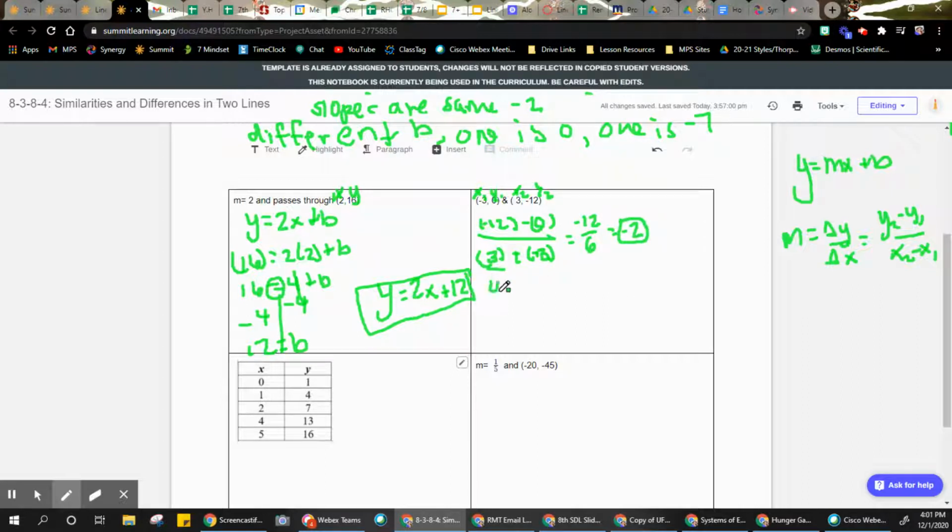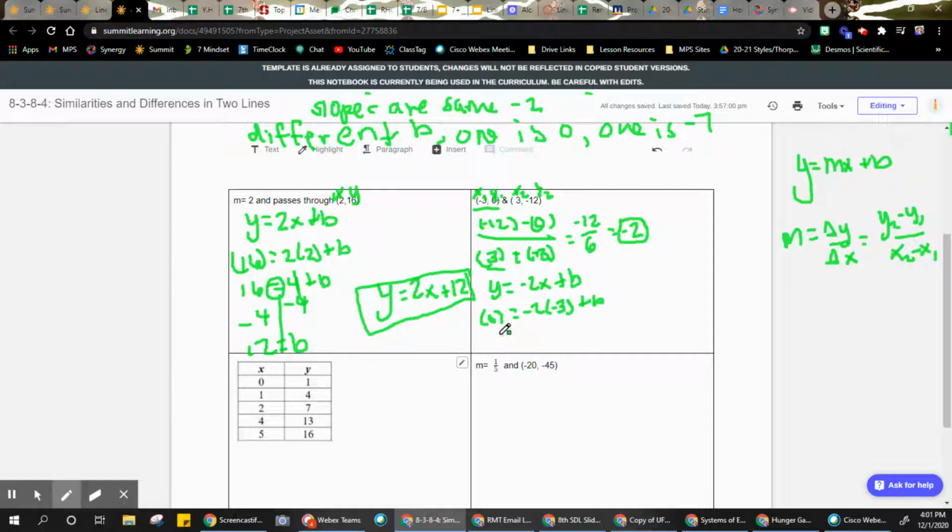So when I plug that in, I have y equals negative 2x plus b. Now I need to plug in my points. I can pick either point to calculate what my y-intercept is. I'm going to do this first point here, which is negative 3 and 0. So I'm going to do 0 equals negative 2 times negative 3 plus b.